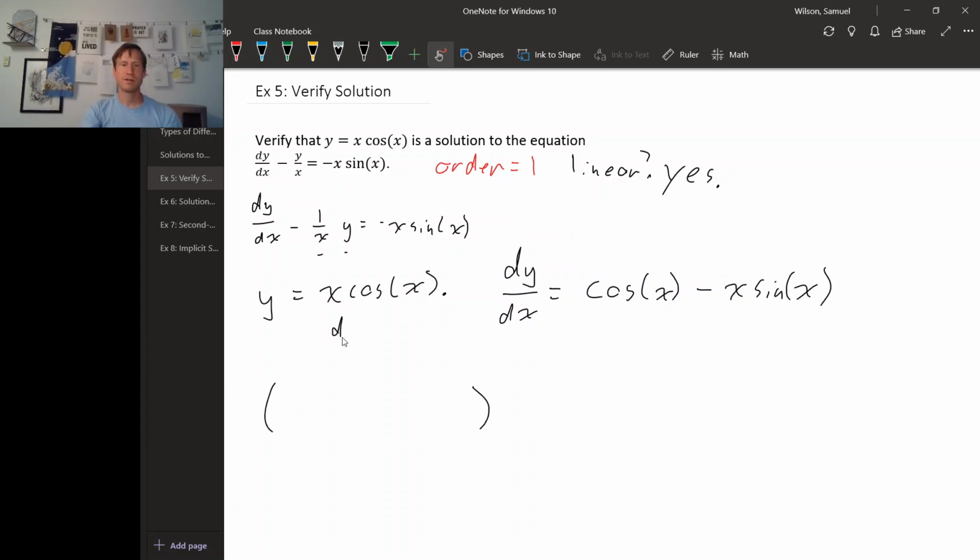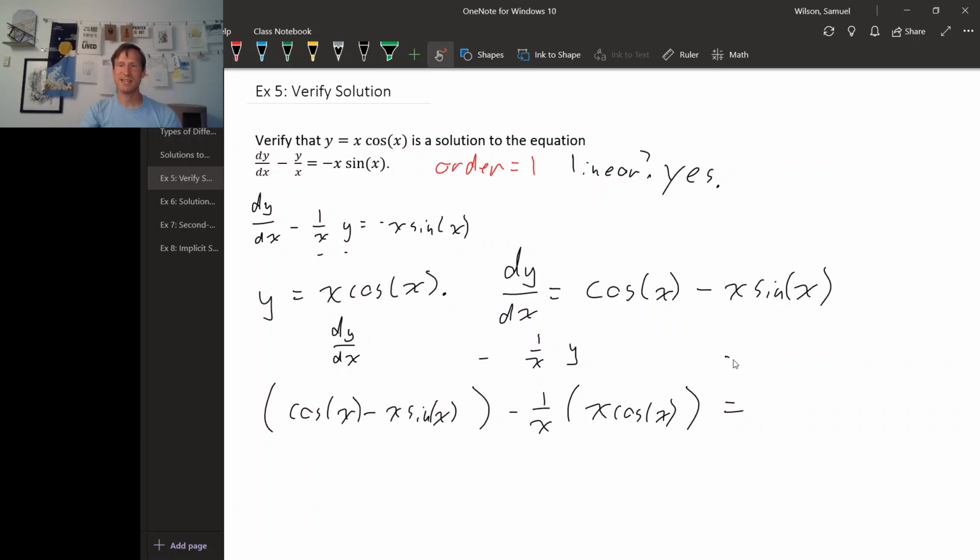So the differential equation says dy/dx, which is cosine x minus x sine x, minus 1 over x times y, so minus 1 over x times, and y is x cosine x.